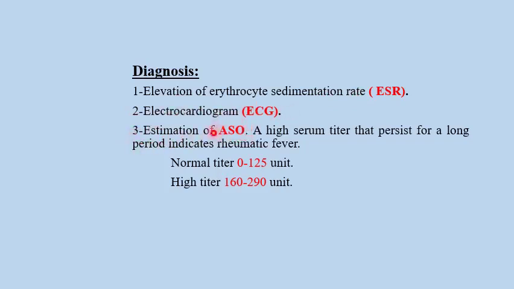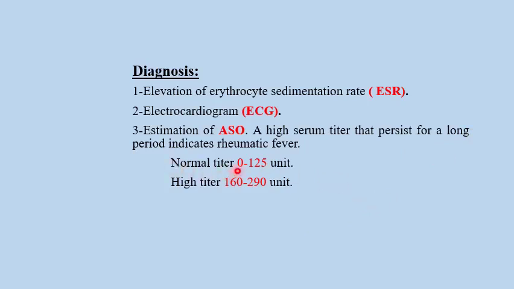Estimation of anti-streptolysin, this is highly specific. A high serum titer that persists for a long period indicates rheumatic fever. So usually they do the test, wait for some time, and repeat the test again. If there is elevation of the anti-streptolysin O titer, this indicates it's a case.